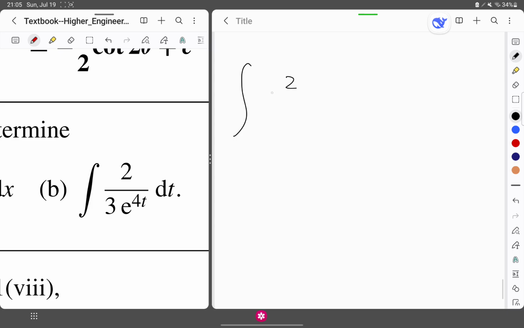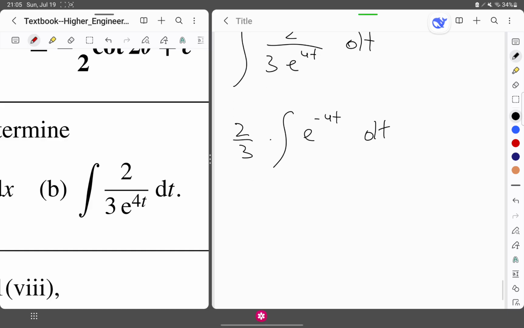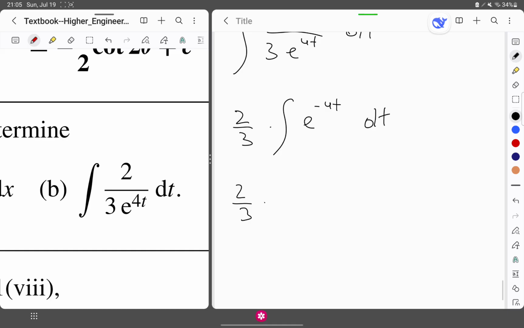What about this one? Integral of 2 over 3 e to the power of negative 4t dt. Okay, let's simplify it. It will be 2 over 3 times integral of e to the power of negative 4t dt.